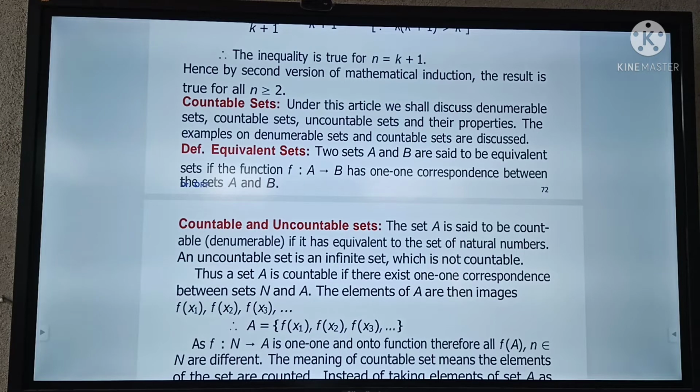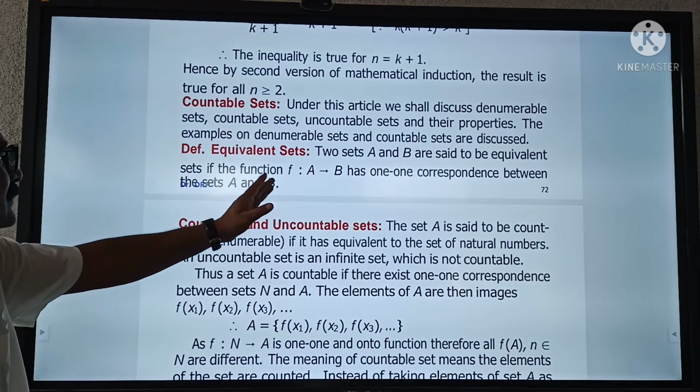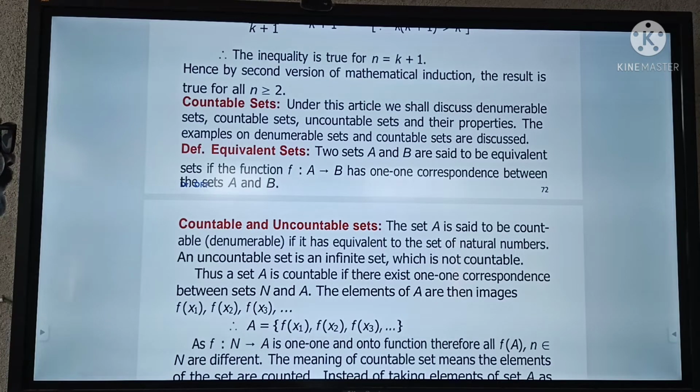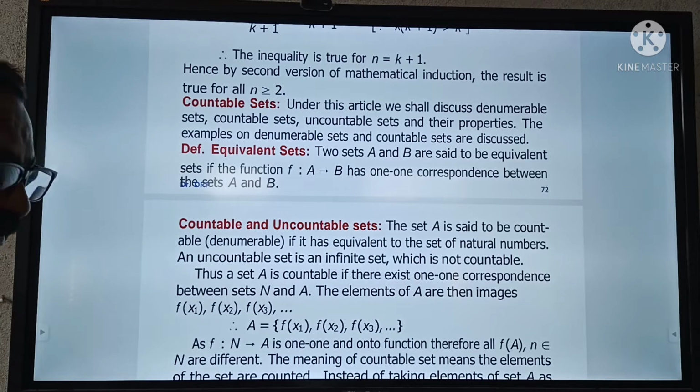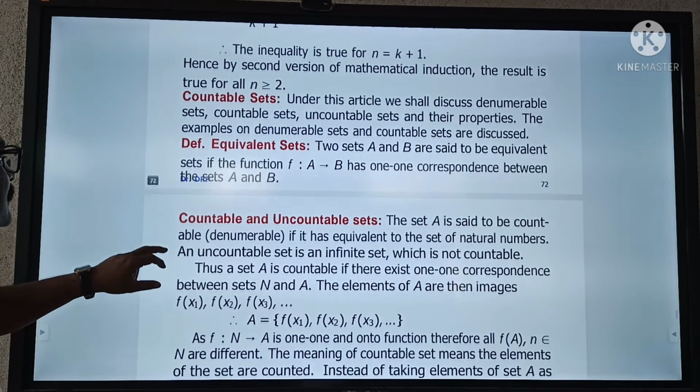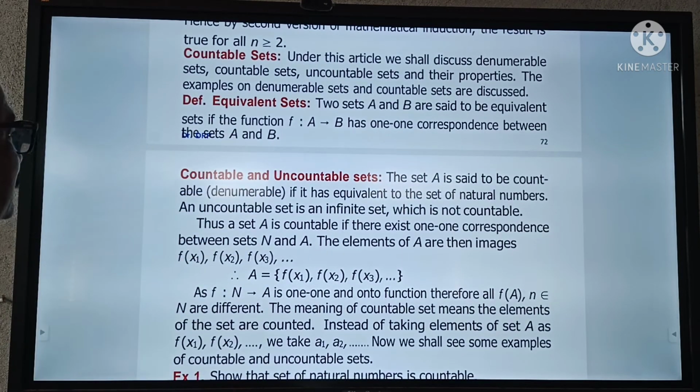So equivalent sets: two sets A and B are said to be equivalent if there is a one-to-one correspondence between the sets A and B, that is, a function from set A to set B. So we say these are equivalent sets.